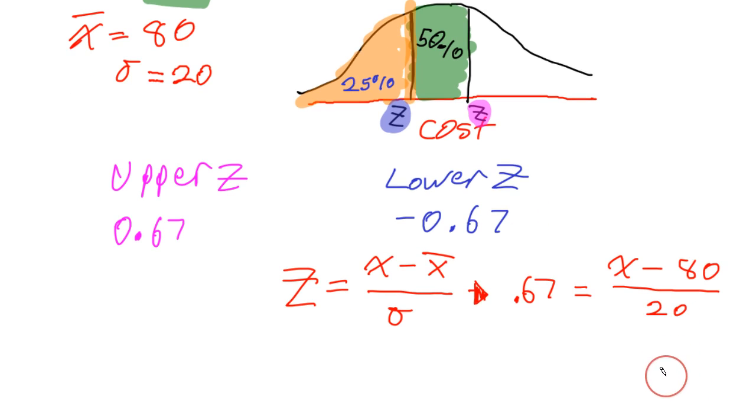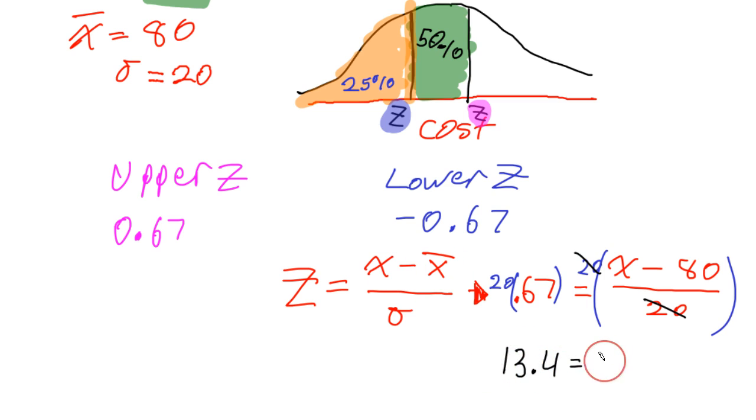To isolate this, let's multiply by 20 on both sides. On the right-hand side, the 20s cross out. Now 20 times 0.67 gives me 13.4. So 13.4 is equal to x minus 80. Now add 80 to both sides.